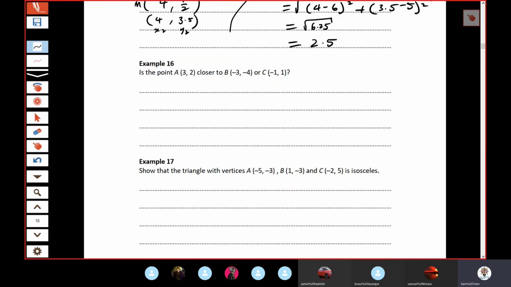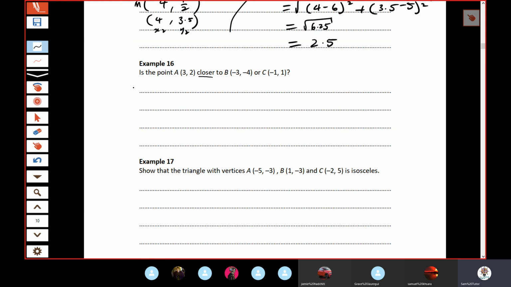Okay, what about this question, example 16? Is the point A closer to B or C? All right, what do you think you have to do to find this out? Is it asking for the midpoint or the distance when it's talking about closer? Distance. The distance.